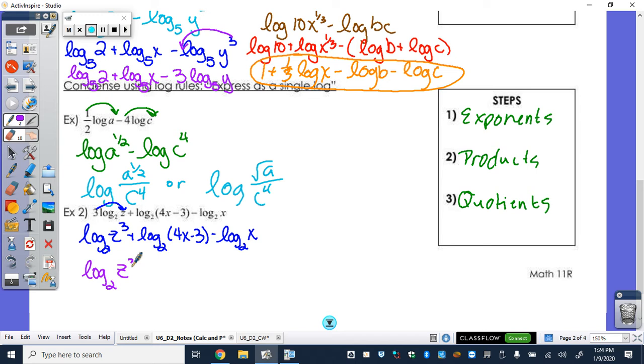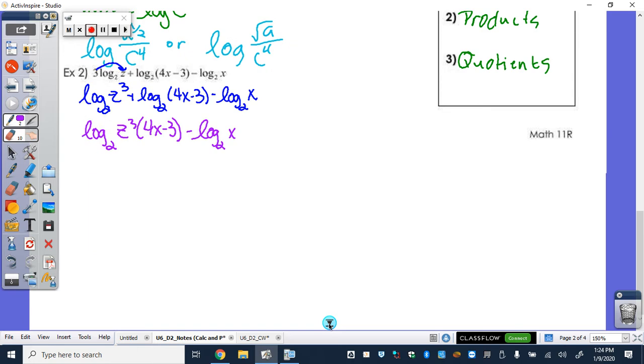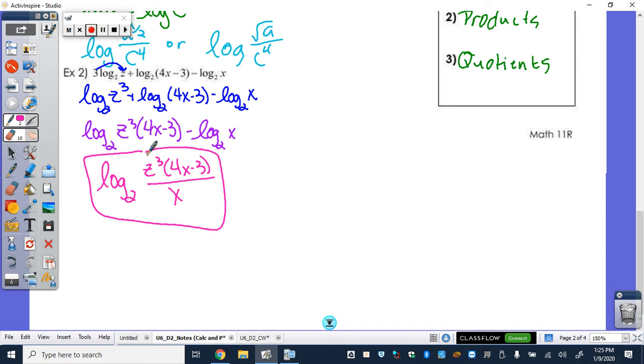It would be z to the 3rd times the 4x minus 3. So minus my log base 2 of x. And then that log base 2 of x is being subtracted, so that means I'm actually dividing. So that ends up being our final answer, z to the 3rd times 4x minus 3 all over x.